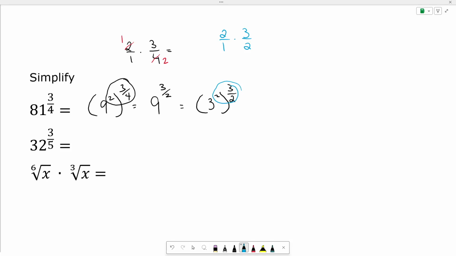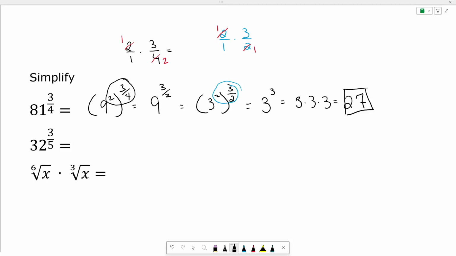Doing this right here, I can simplify again, making this a 1 and a 1. So I now have 3 to the third power. 3 to the third power is 3 times 3 times 3, which is 27.